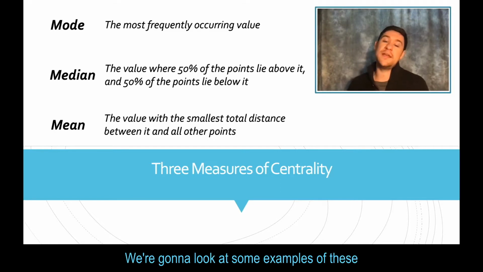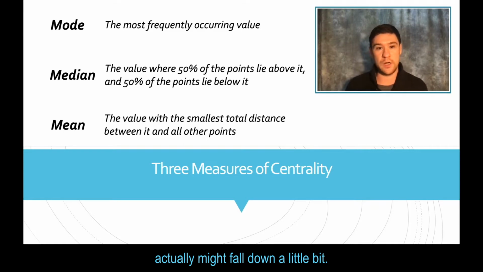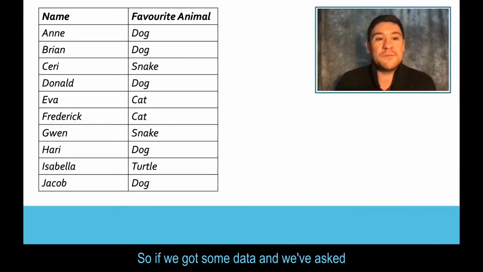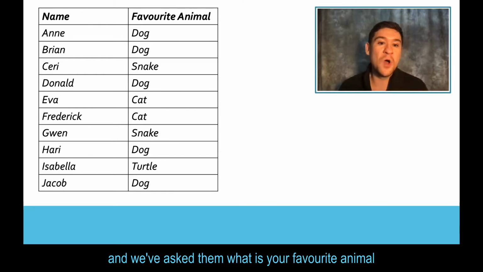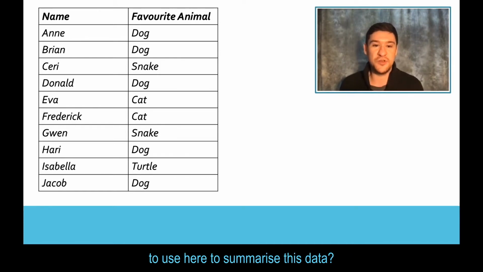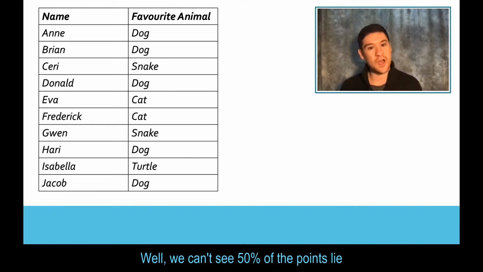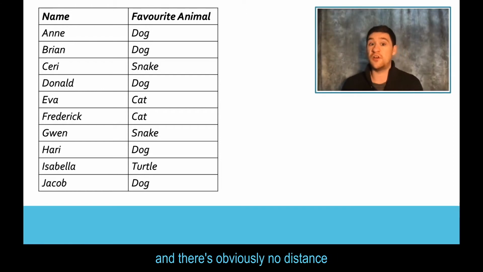We're going to look at some examples of these and some examples where these actually might fall down a little bit. So if we've got some data, I think we've got 10 people here, and we've asked them, what is your favourite animal? What's the most appropriate measure of centrality to use here to summarise this data? Well, we can't say 50% of the points lie above it or below it because there's no order and there's obviously no distance.